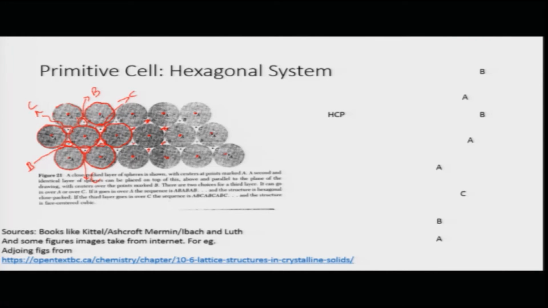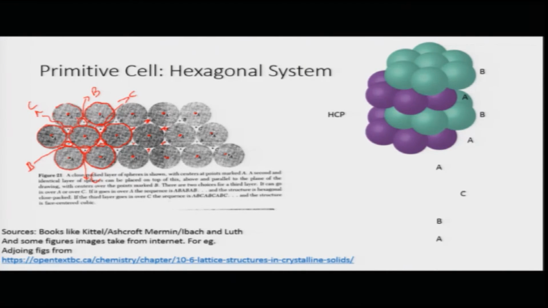The type of structure I get is like this: this is the A layer, of course this is the lowest A layer. The B atoms or the B lattice points are put over these points, only over the B points, we do not put any points over C, and then the 3rd layer that you put in.